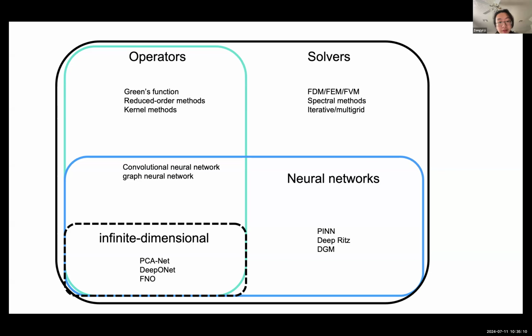The hope of a foundation model is to take a more general class of inputs. On the right, we have solver-type or function-type models that solve one specific equation at a time. In this case, we're just modeling one solution function or one domain at a time.